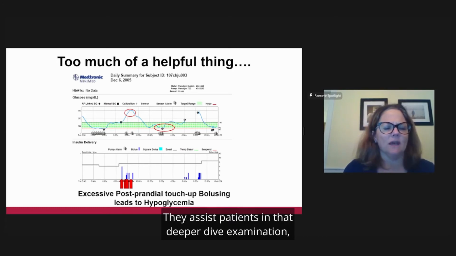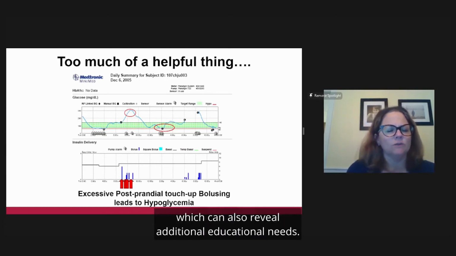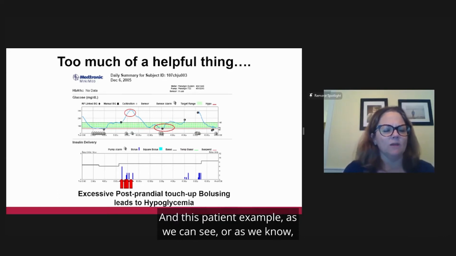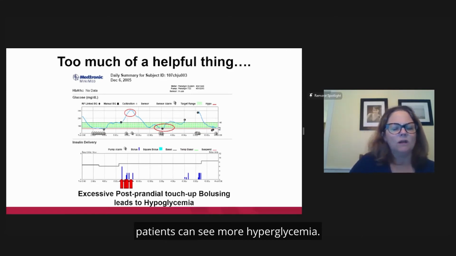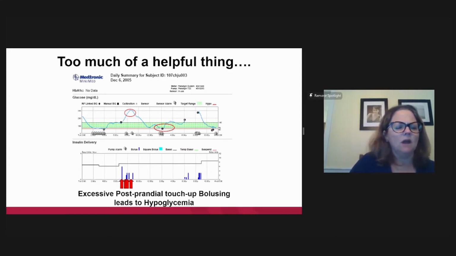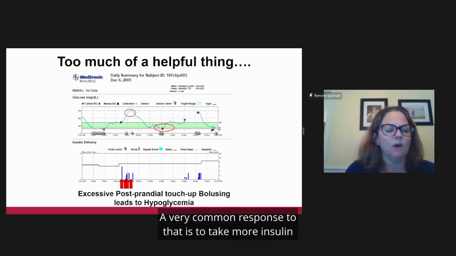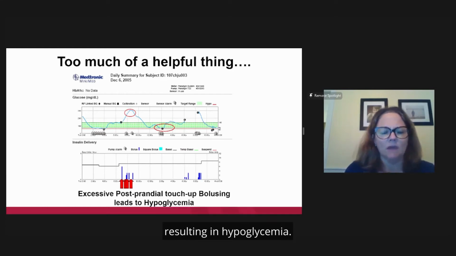They assist patients in that deeper dive examination, which can also reveal additional educational needs. In this patient example, as we know, patients can see more hyperglycemia. Well, that information is helpful. A very common response to that is to take more insulin, resulting in hypoglycemia.